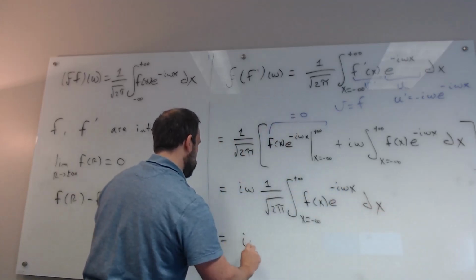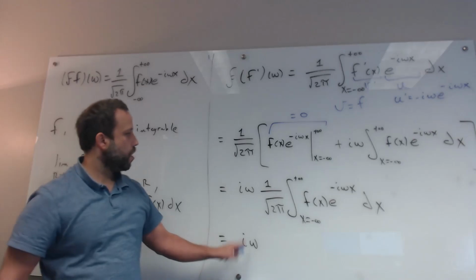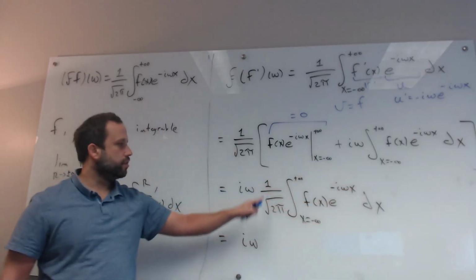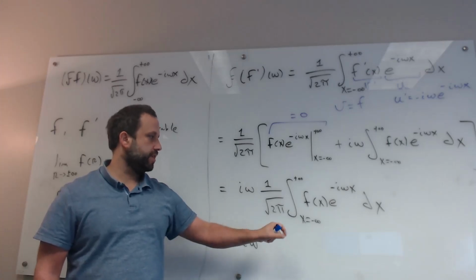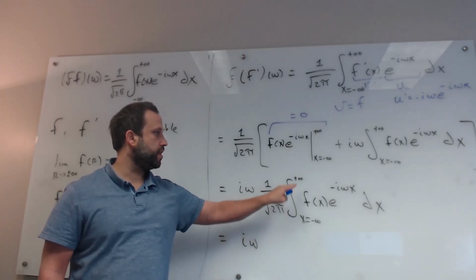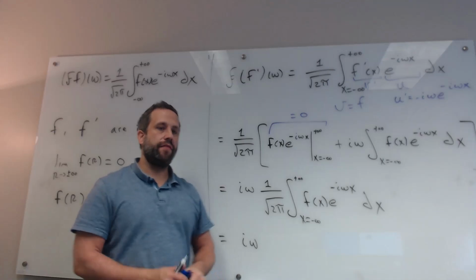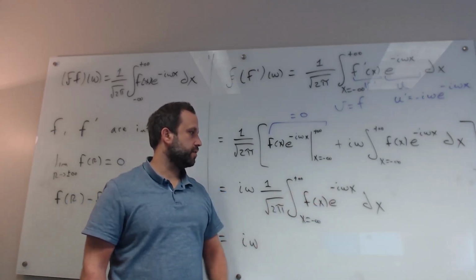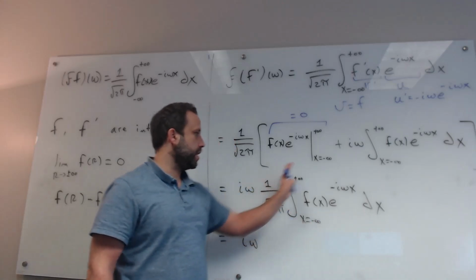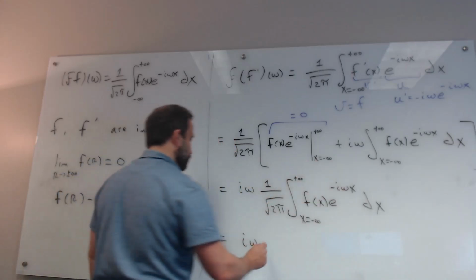Well, look at what we have here. It's 1 over the square root of 2 pi times the integral over x from minus infinity to positive infinity of f of x times e to the minus i omega x with respect to x. So this part right here is just the Fourier transform of f.